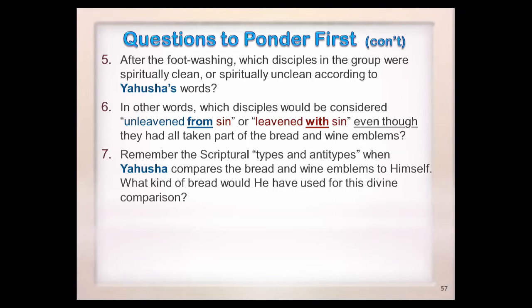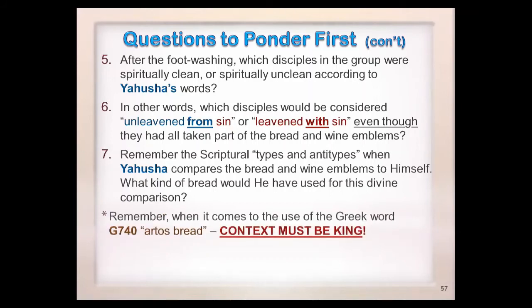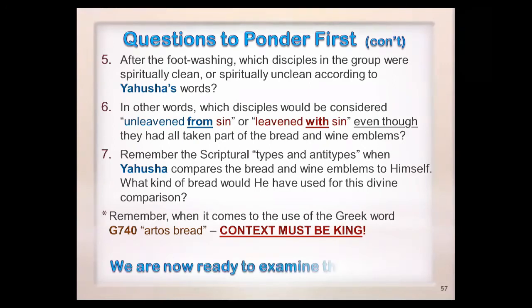Remember the scriptural types and antitypes. When Yahusha himself compares the bread and the wine emblems to himself, what kind of bread would he have used for this divine comparison? Remember, when it comes to the use of the Greek word artos, bread, context must be king.